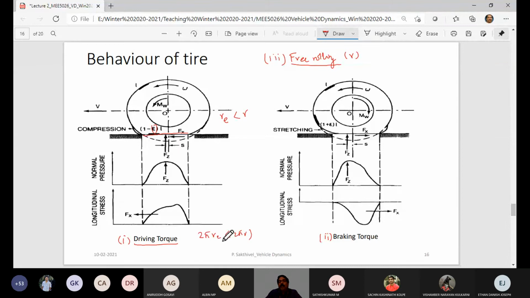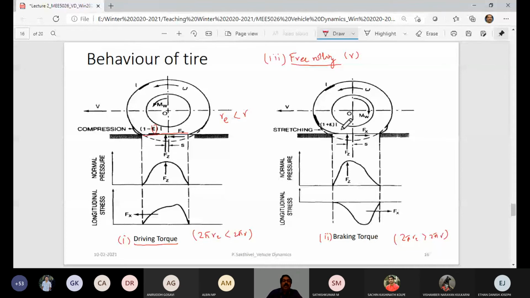On the other hand, when you are applying braking torque, what will happen? There will be stretch in the tread portion, which is in front of your contact patch. The stretch would make your tire circumference more than that of a free rolling tire. So in this scenario, 2 pi Re is greater than 2 pi R. The distance covered during braking would be more than what would be possible by free rolling.